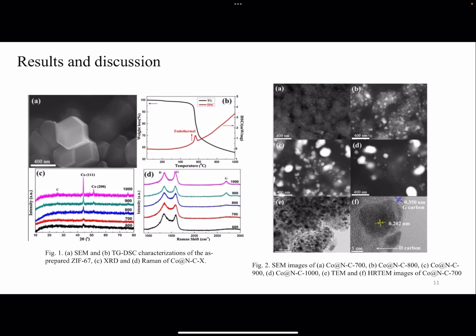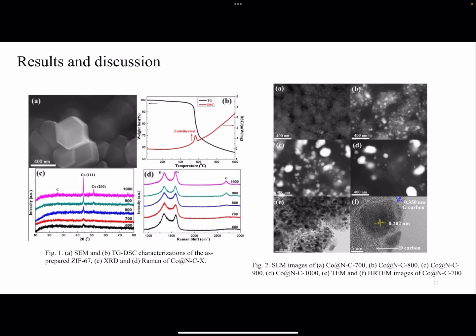And the weight loss above 600 degrees Celsius gradually stabilizes, which indicates that ZIF-67 has been almost completely pyrolyzed. Therefore, the temperatures from 600 to 1000 degrees Celsius are chosen for the pyrolysis of ZIF-67.